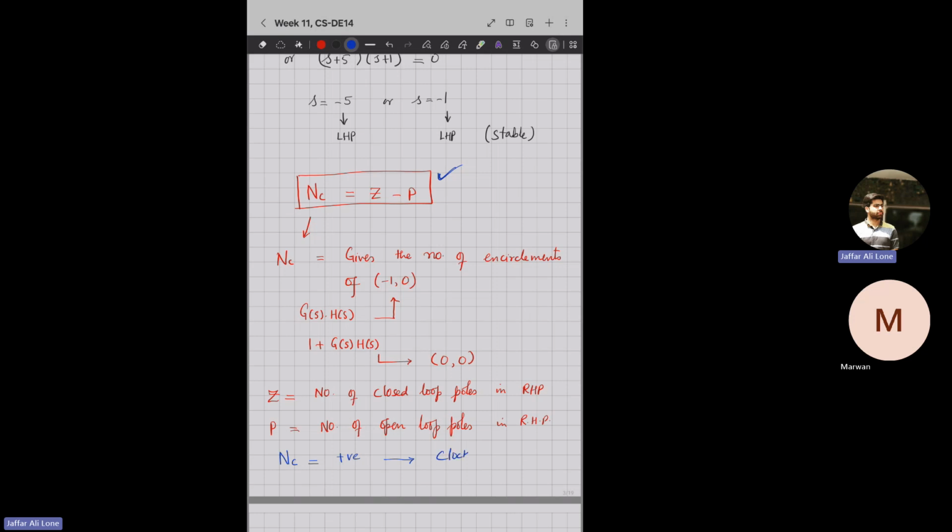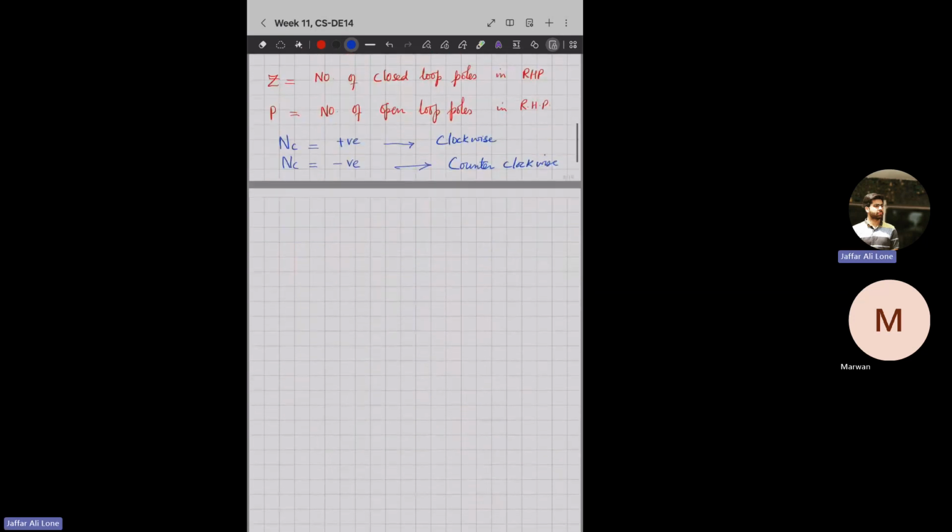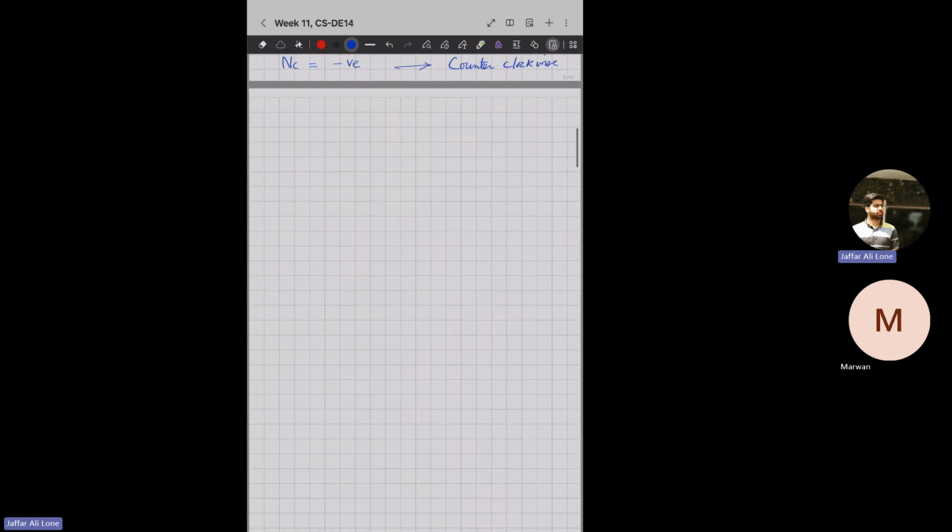So a positive sign of NC indicates encirclement in the clockwise direction, and if NC is negative, that means the encirclement is in the counterclockwise direction. This is in line with your lectures. Correct? So I have basically revised what you have learned. Now let's move towards questions.